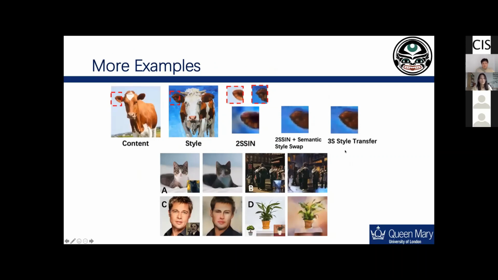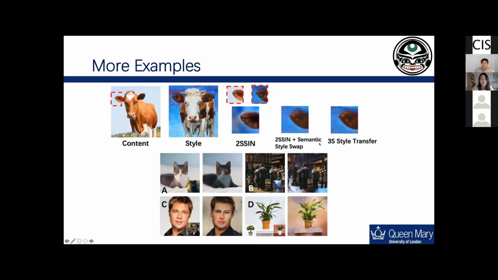Here we show examples of the influence of each block on the style transfer results. Here we only use two-step semantic instance normalization, and here we add the semantic style swap.